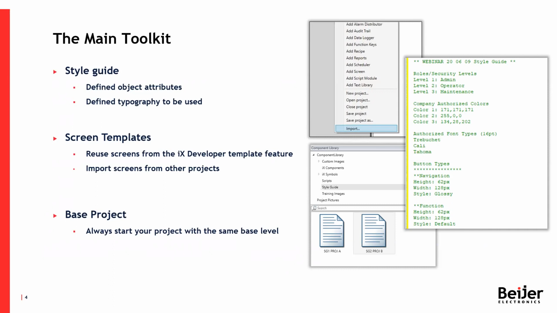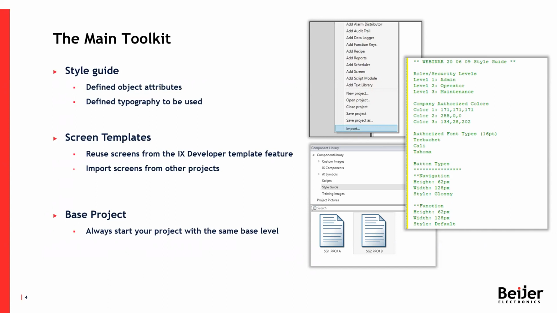Now, another way that you can build out and add documentation to your toolkit is using screen templates. All right, so we're going to jump into IX Developer in just a second, but I'm going to show you that screen templates can be used in a variety of different ways, different types of screens and so on, that you can always use later on for future projects.